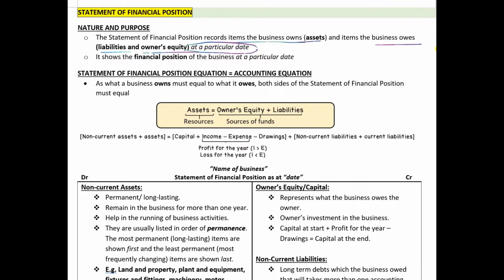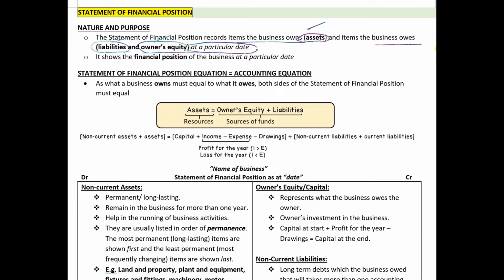So what the business owns, the assets, what the business owes to external sources, the liability, and what the business owes to the owner, the owner equity. So these three, asset, owner equity, and liability, will be shown in the statement of financial position, okay?